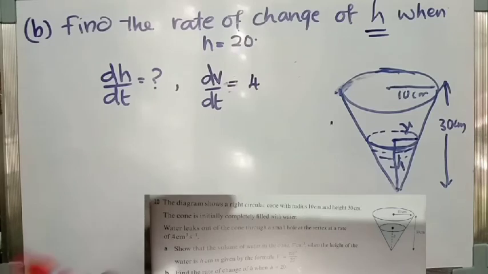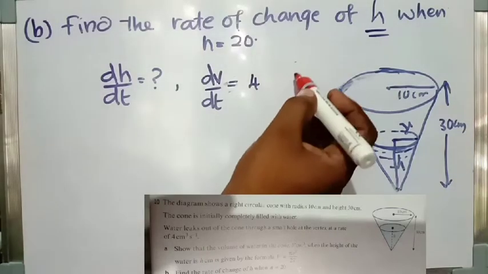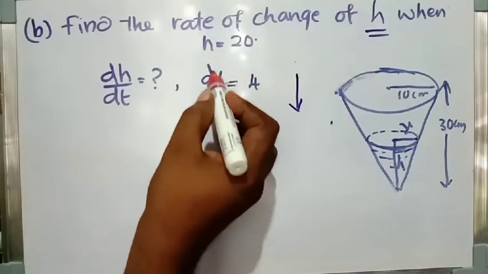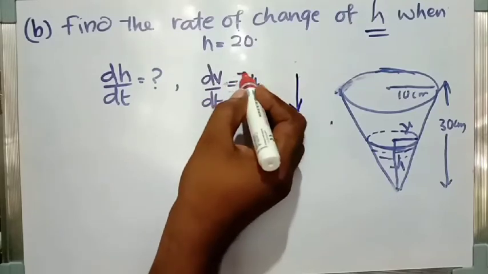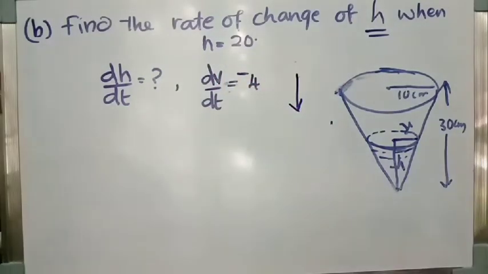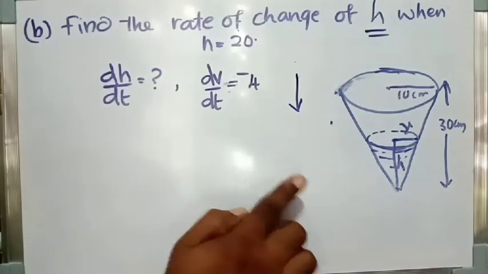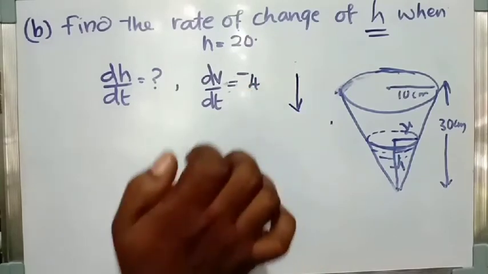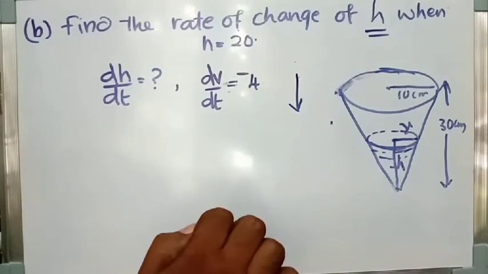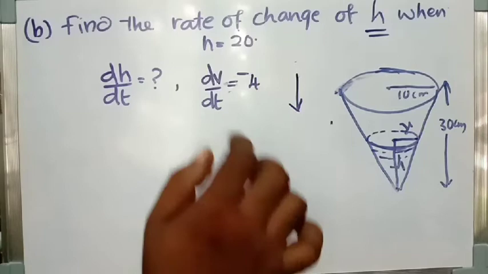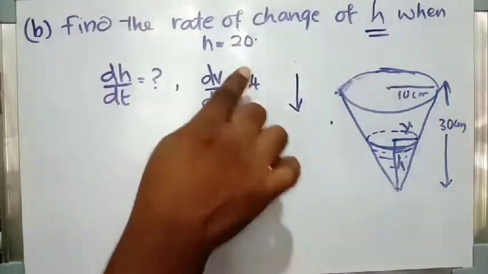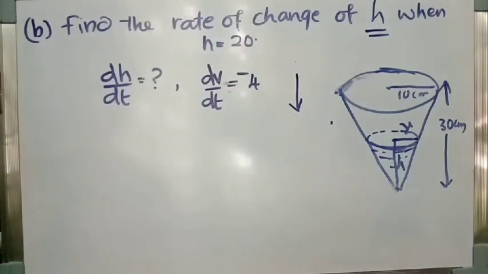That means this dV by dt is -4. You have to take care very well, because when a rate of change is increasing, the value is positive, gradient is positive, and when a rate of change is decreasing, the value becomes negative.